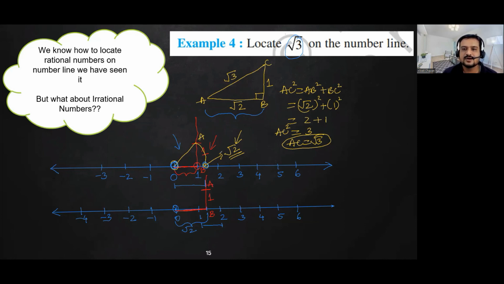Then finally you will join this point with this point A, measure this distance in your rounder and draw a chop on the number line. Wherever it cuts, this point is nothing but under root 3. Is it clear to everyone?